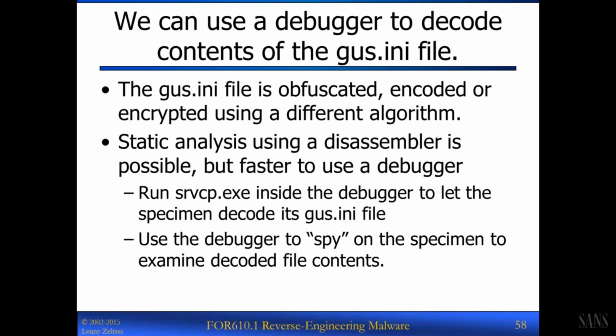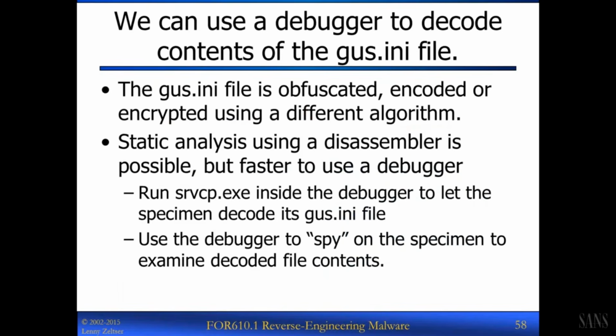The question I brought up earlier that led me to want to perform more analysis was about gus.ini. I saw gus.ini being checked for. I then did a test and concluded that it does in fact change the behavior, but I still don't know what's contained within that file. I really want to understand what that file has, because clearly the attacker is trying to hide that from me. It was encoded in some way.